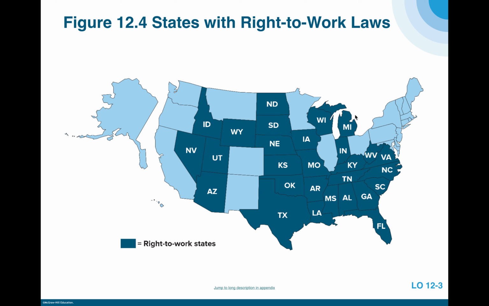Same with California. You go up here to the Northeast, you do have New York, and a lot of these states up here are not right to work states, just because typically these are a little more Democratic states. Some of these more southern states, such as Texas, Louisiana, Mississippi, Alabama, have a very heavy Republican presence, so it's not uncommon to see that they are right to work states.